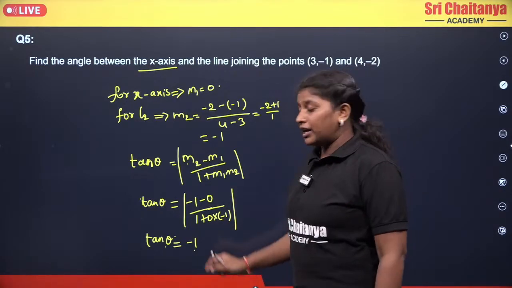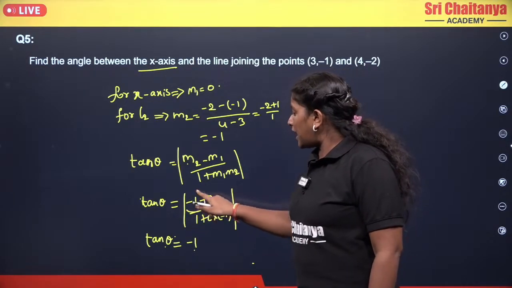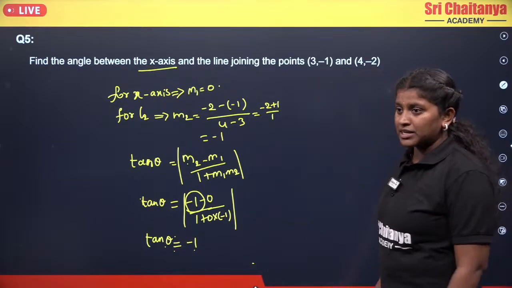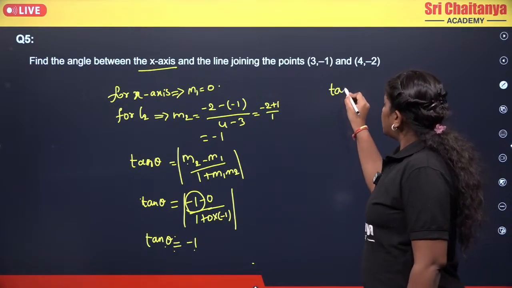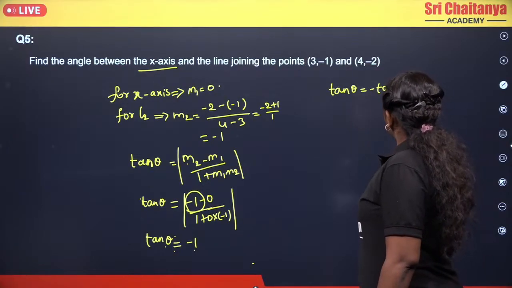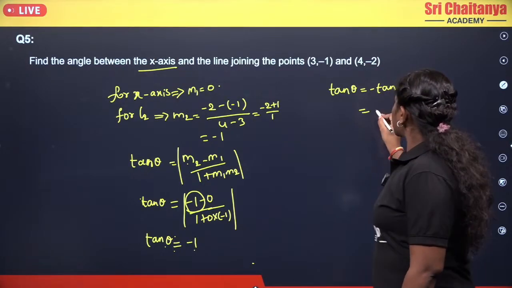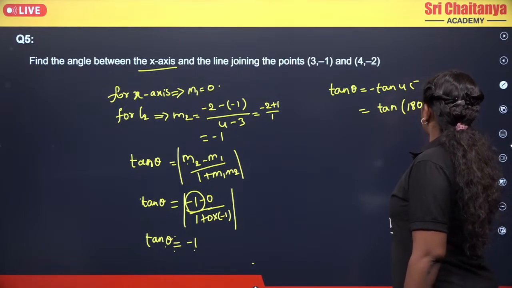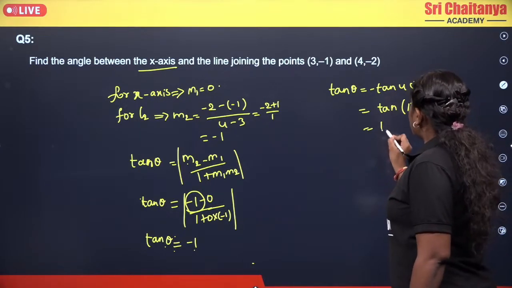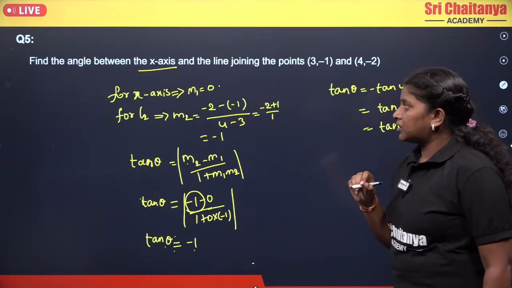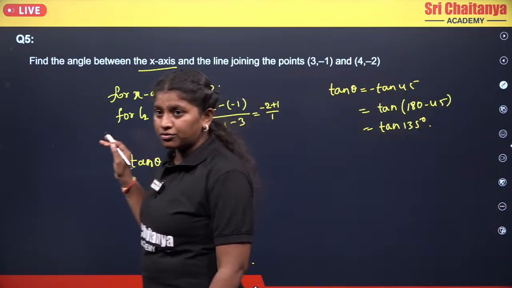But there is a possibility that we will have the negative also. So here tan theta equals -1, which is nothing but tan theta equals minus tan 45. So that becomes tan of (180 minus 45), which is tan 135. Clear? So this is how we find it.